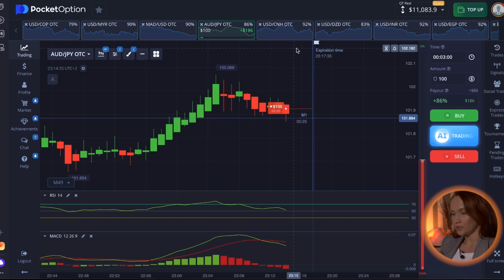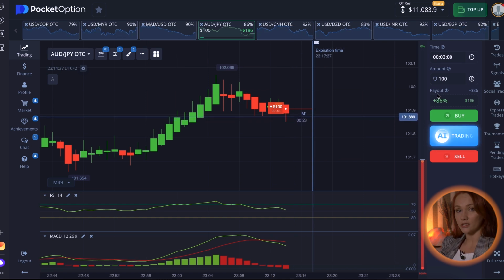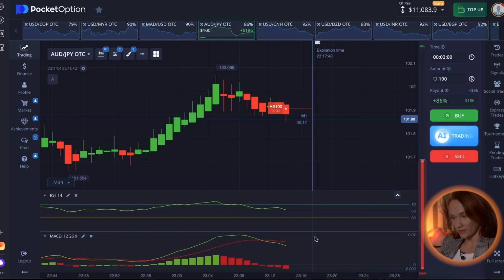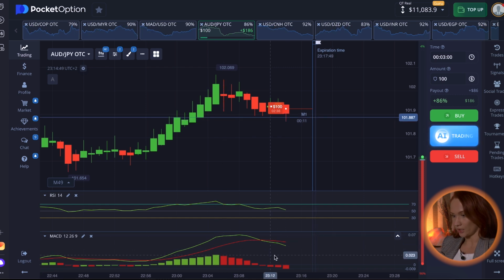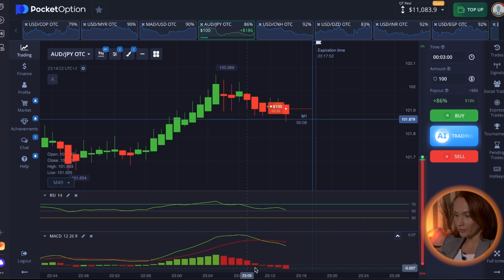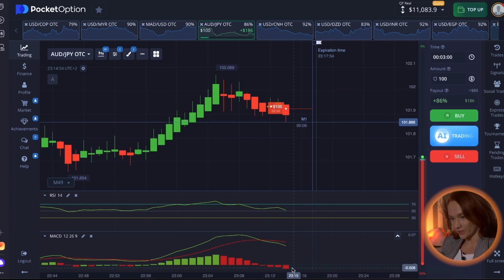I open a deal for 3 minutes and $100. We see that the RSI chart bounced off the upper line 70, and the MACD indicator says that the main signal line goes from top to bottom, and the histogram confirms this. So we open a sell deal.